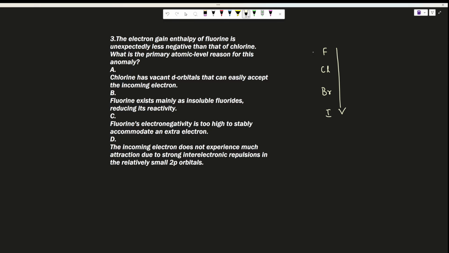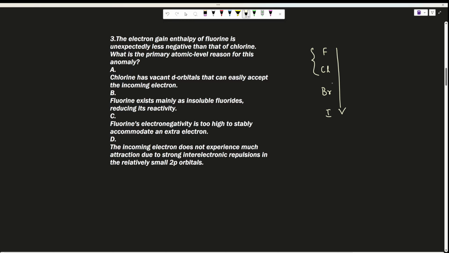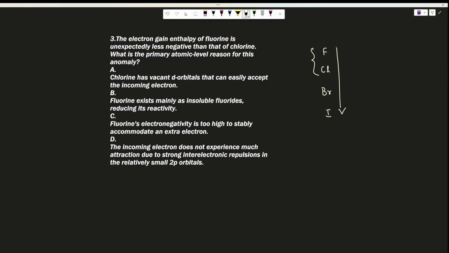That means fluorine should have more electron gain enthalpy when compared to chlorine. But when you observe the values, you come to know that fluorine has less negative electron gain enthalpy. That means when an electron is added, less amount of energy is released in case of fluorine.